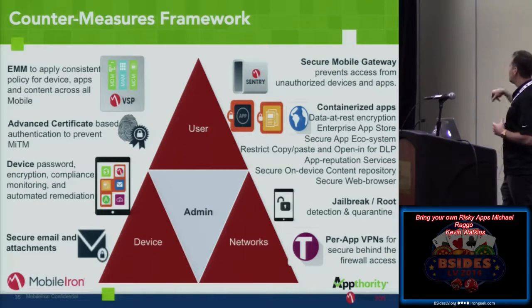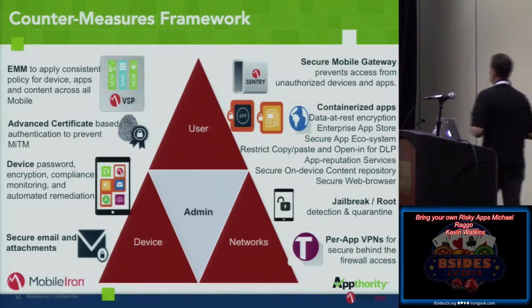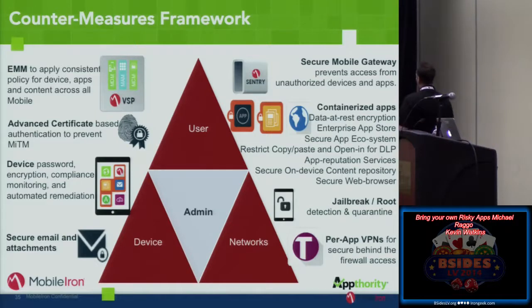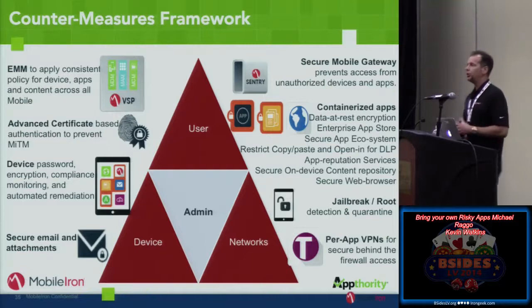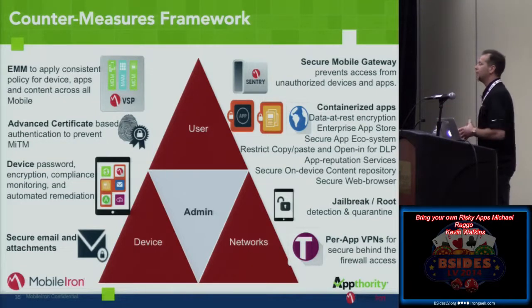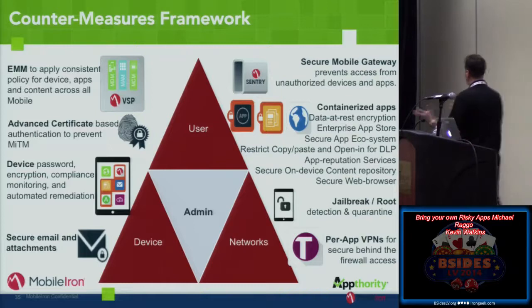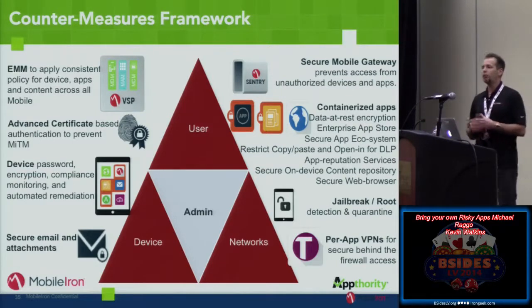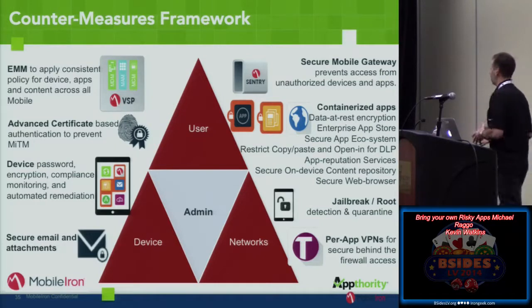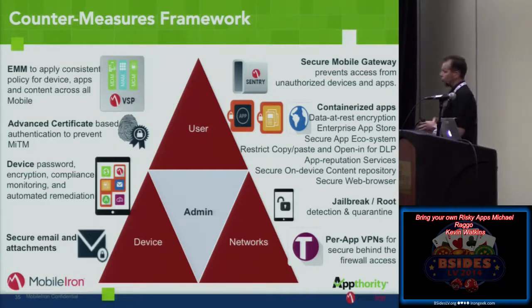And then getting back to kind of where we started back at the beginning, also on the topic of apps, is related to something that came out in iOS 7, which is the ability to do a per-app VPN. We at MobileIron had been previously doing what we call app tunnel for both iOS and Android to allow you to alternatively use kind of a per-app VPN instead of a full-blown VPN.